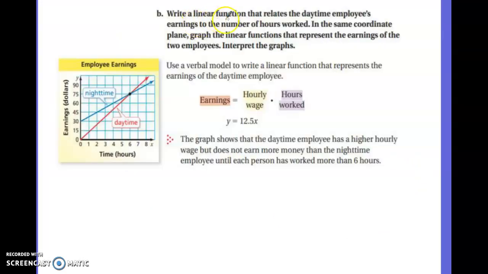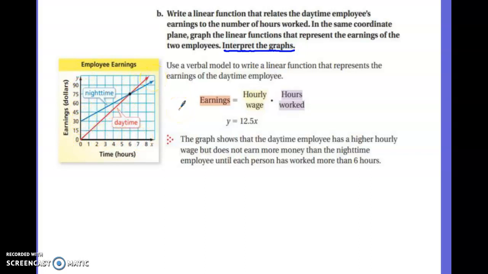B. Write a linear function that relates the daytime employee's earnings to the number of hours worked. In the same coordinate plane, graph the linear functions that represent the earnings of the two employees. Interpret the graphs. So here, the book actually graphs the two equations for you.